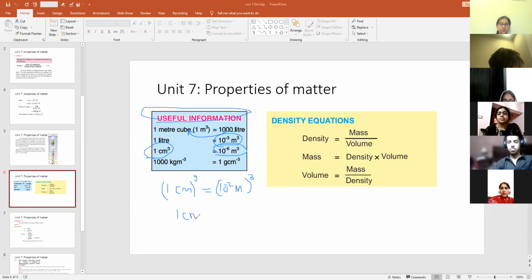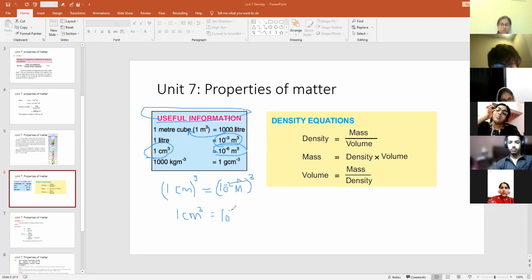1 centimeter cube. So it will be equal to, you just have to multiply the 2 with this 3, right? So 2 multiplied by 3 will give you 6.